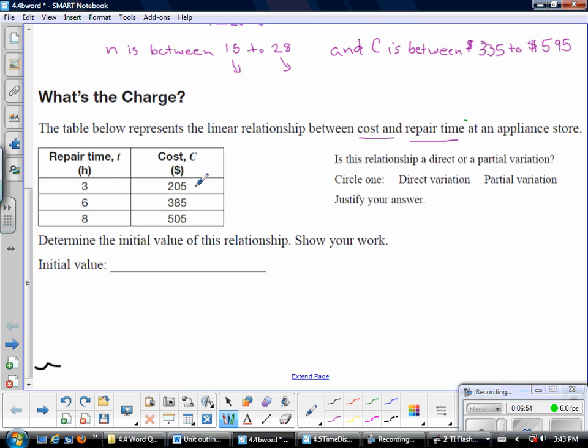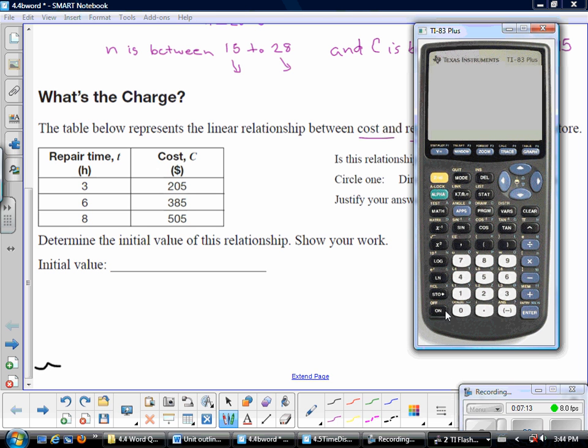Another way I can tell is if I actually take 205 and divide it by 3, 385 divided by 6, and 505 divided by 8, that would show me that those numbers aren't the same. Okay, so I'm just going to bring up my calculator and prove it with the first two.